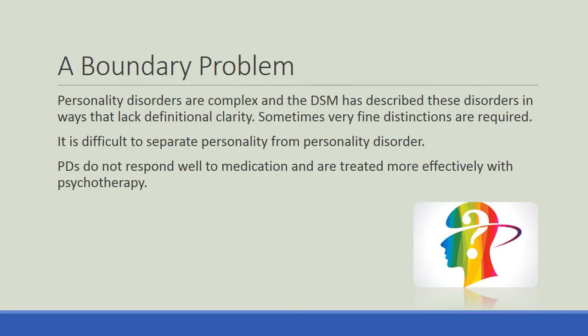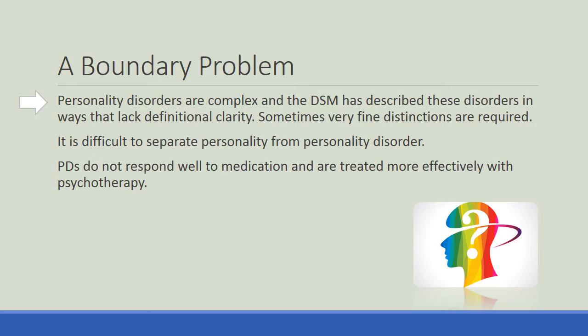The personality disorders really bring to light the diagnostic uncertainty that exists because of what I'll call a boundary problem. There exists a boundary problem in this category of mental disorders as elsewhere in the DSM, and this problem exists for a couple of reasons. First, personality disorders are complex, and the DSM has described these disorders in ways that lack definitional clarity.